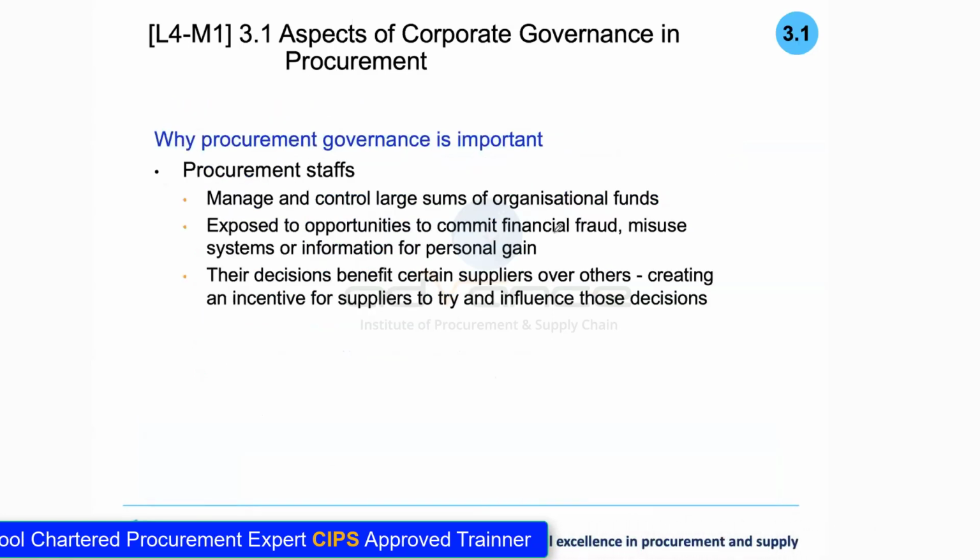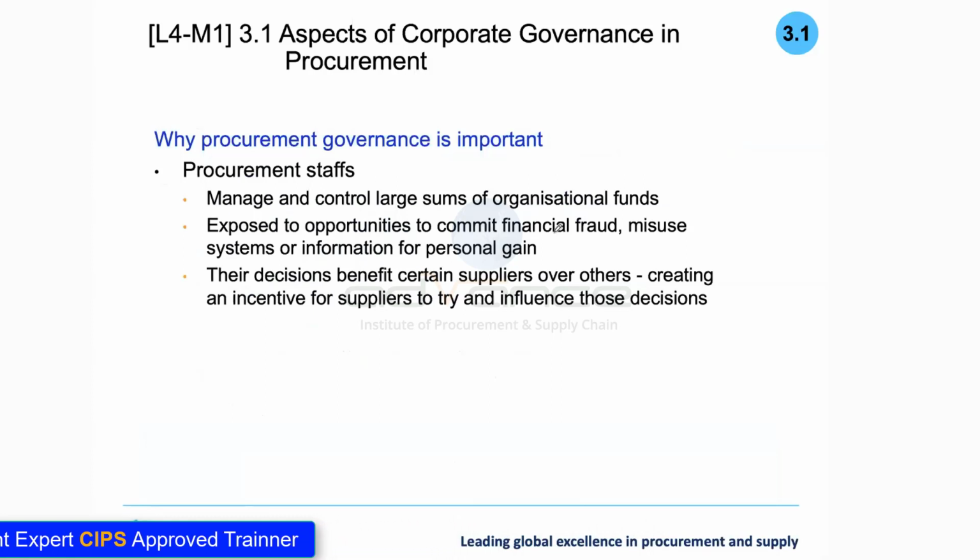And procurement is even more important, like we discussed. Remember, you have what I call a fiduciary duty. You owe it to the company that you would be spending the money in a manner that is ethical, right? Because your decision benefits certain suppliers over other suppliers.